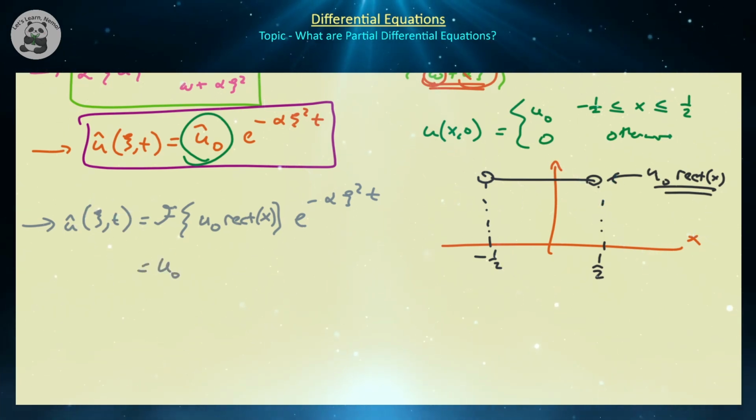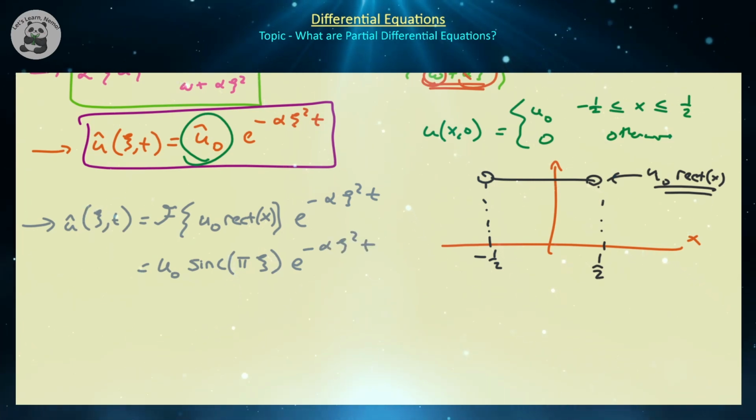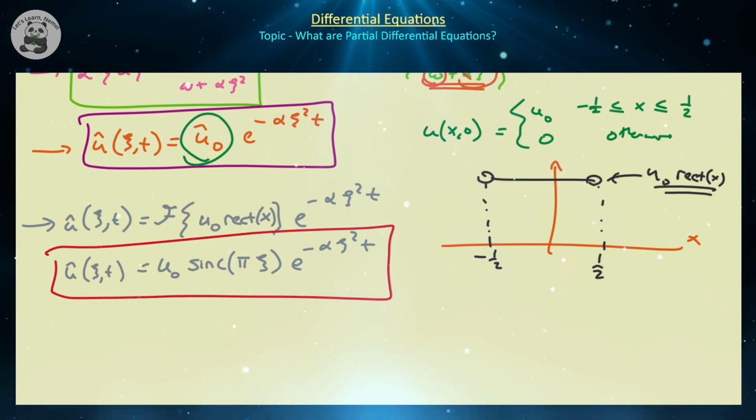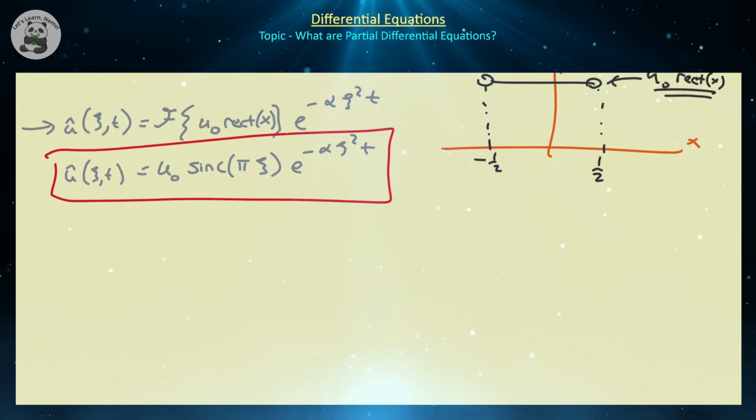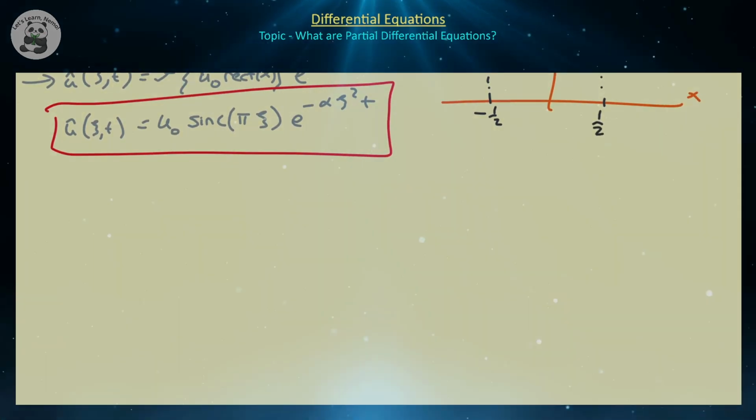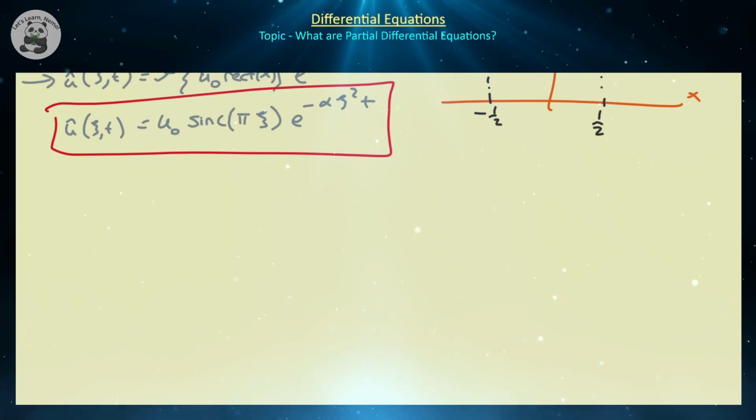Well, that's just a scalar multiple of the sinc function evaluated at pi psi, times e to the minus alpha psi squared of t. So that's u hat psi of t. Now all we have to do is take the inverse Fourier transform of both sides, and that's going to be our solution. So what is that going to give us?